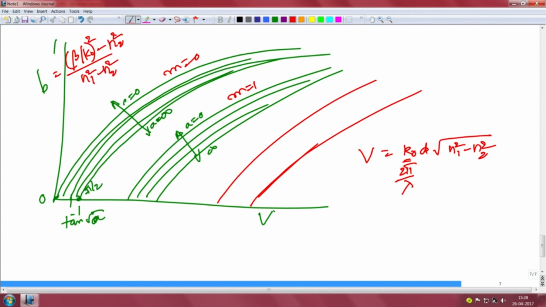Finally, we can look at the nature of the modes. N2, N1, N2 and N3. We observe that the contrast is small, and so we can expect the alpha 3 to be very large here and gradually decaying this side.